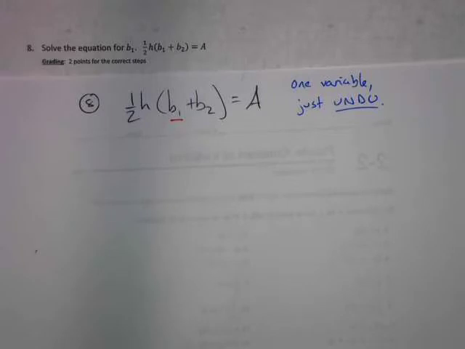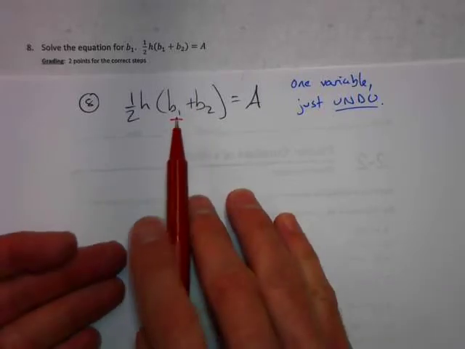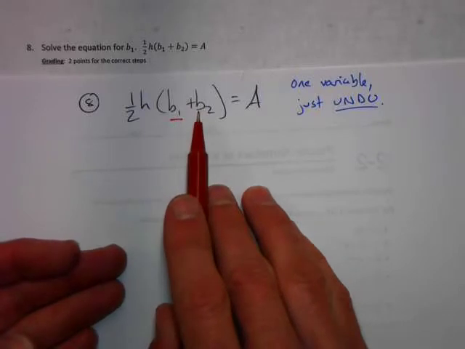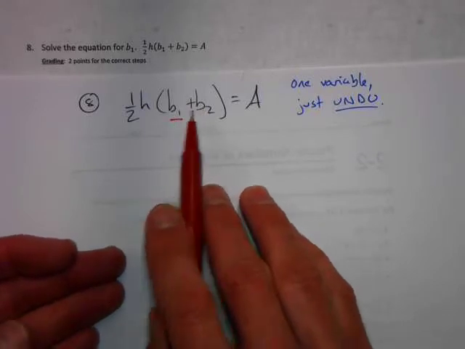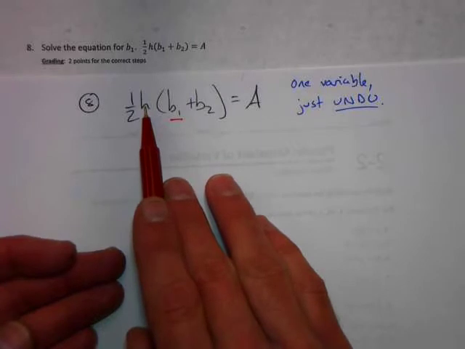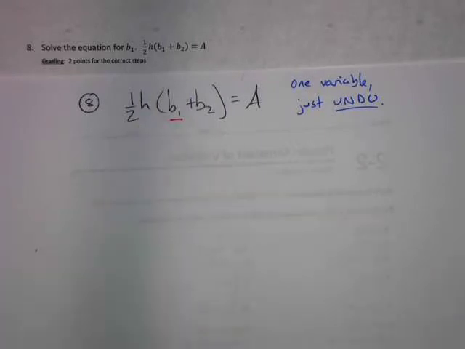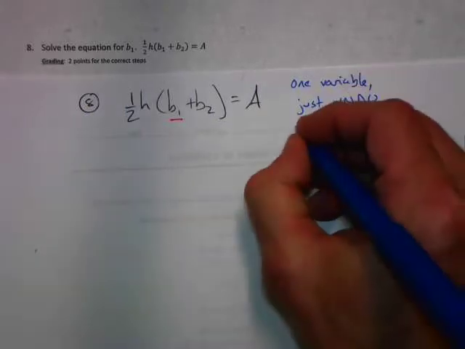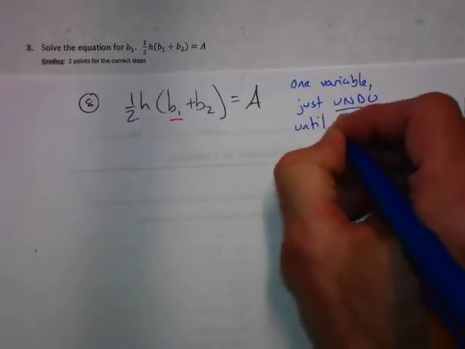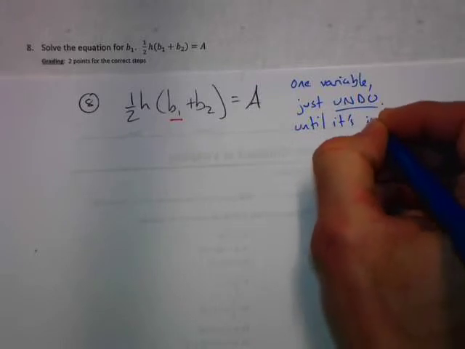In this case, we're looking at B1, and we think, well, what's happening to it? Well, the first thing is it's being added. There's B2 right there. And then it's being multiplied by the h, and there's the 1/2. So all these things are occurring to the B1, and what we have to do is undo stuff until the variable is alone. Okay, so we're going to undo until it's isolated.